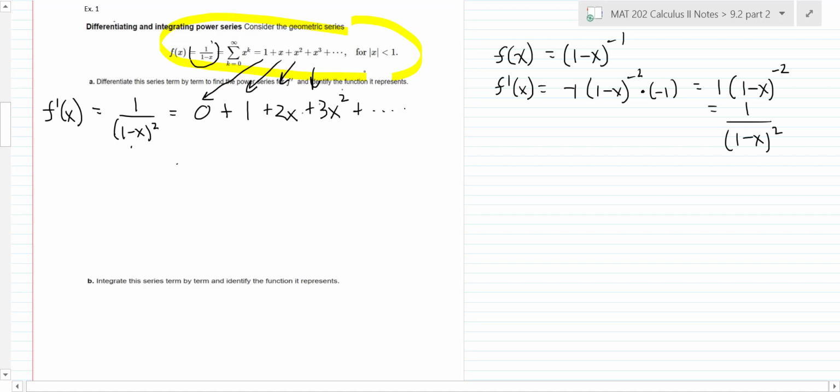Eventually you get up to a point where when you do the derivative of x to the k, that just gives k x to the k minus 1. So that's your derivative. See, that's a real simple thing to do. We did the derivative of 1 over 1 minus x, and I did the derivative of each term in the series.